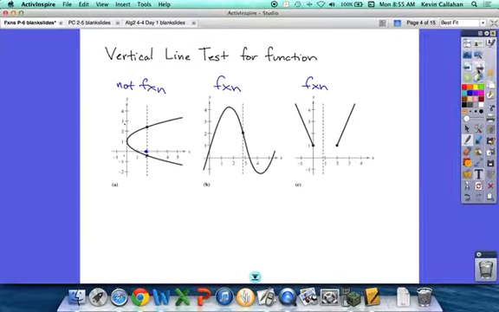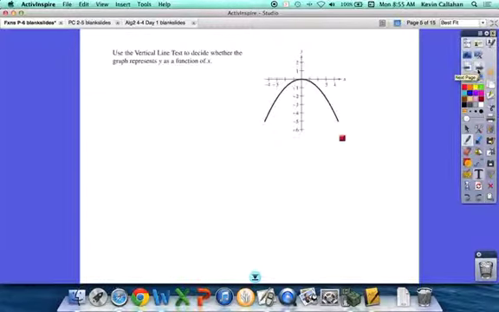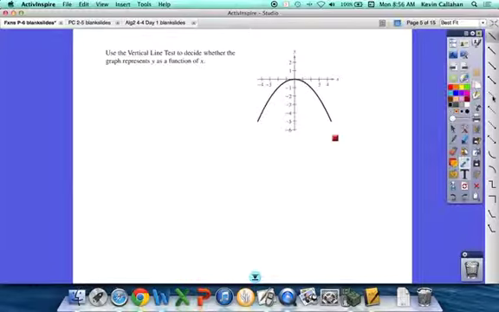Okay, use the vertical line test to decide whether this is a function. Is it a function? Sure. I can't see anywhere on the graph where it would cross in more than one spot. So you would say, passes it. I can draw a line just because it's fun, right?